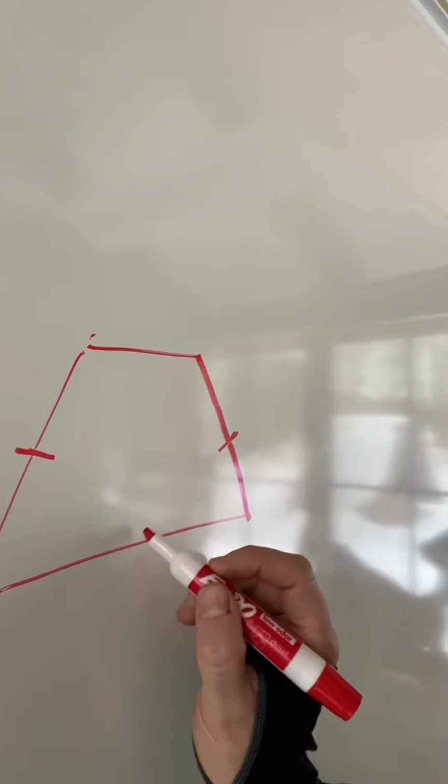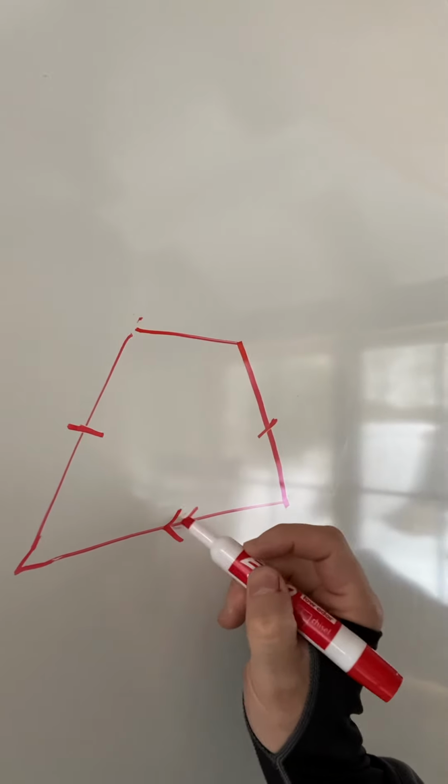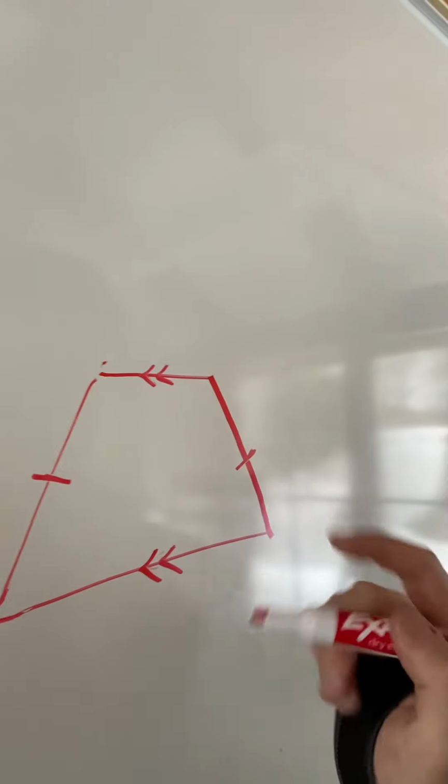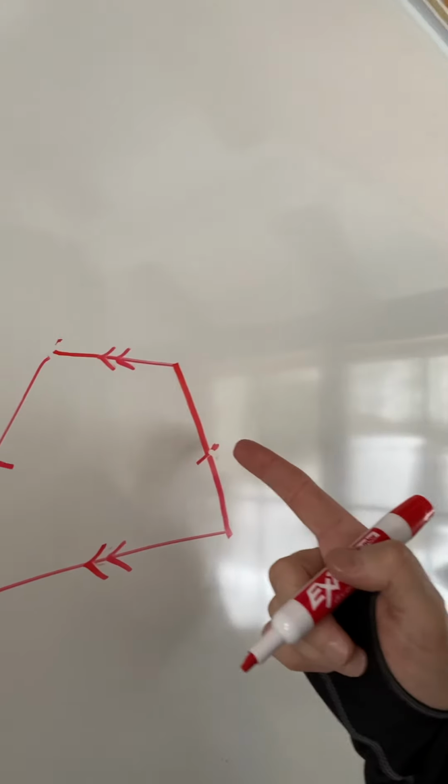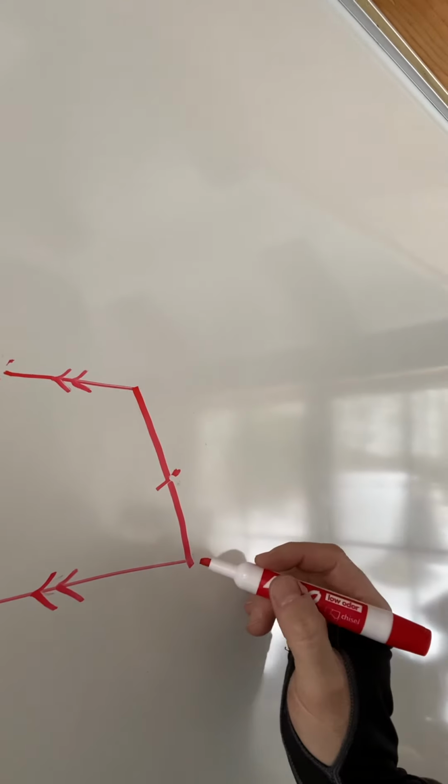So if we look at it, the top and the bottom lines are parallel. These two side lengths are the same. So that tells us a couple interesting things.